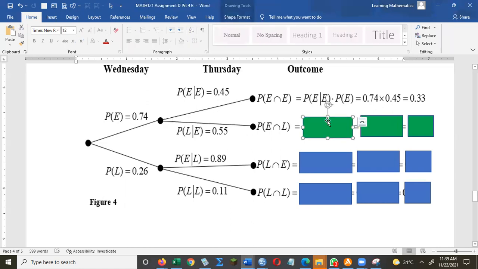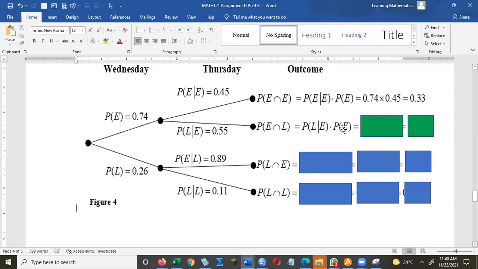So what do you expect the formula here to be, anybody? E intersect L will be equal to P of what? P of L given E times E, isn't that so?